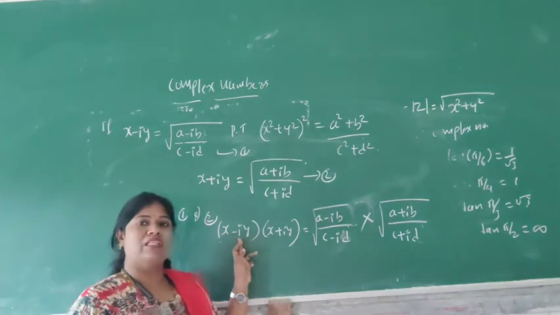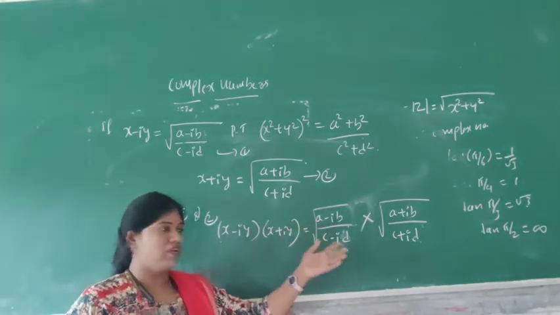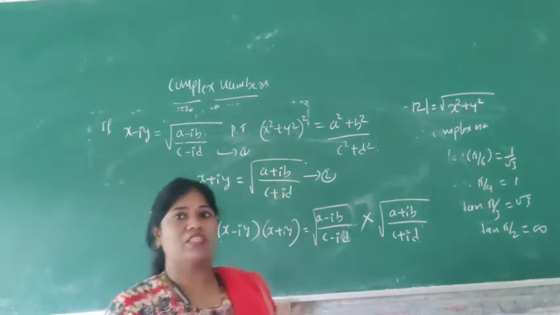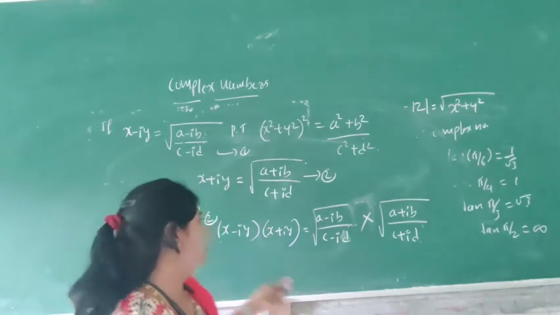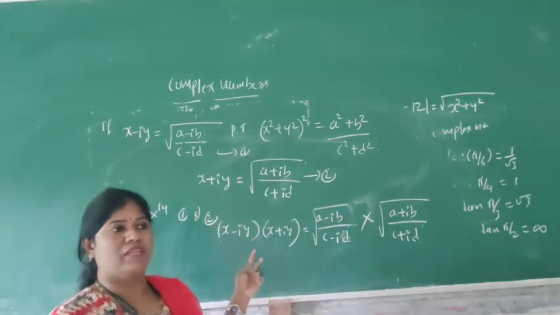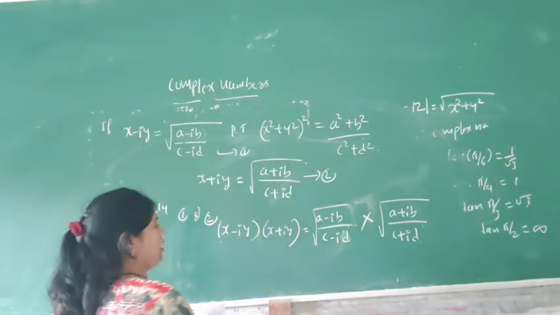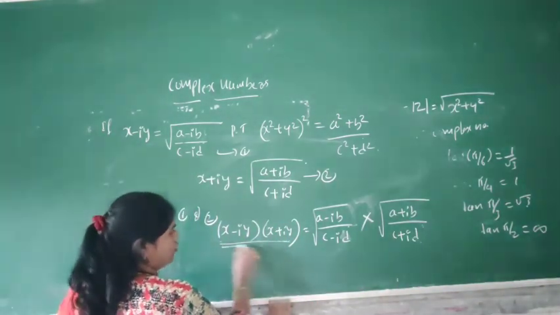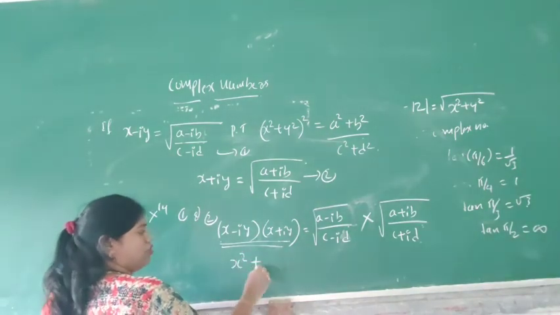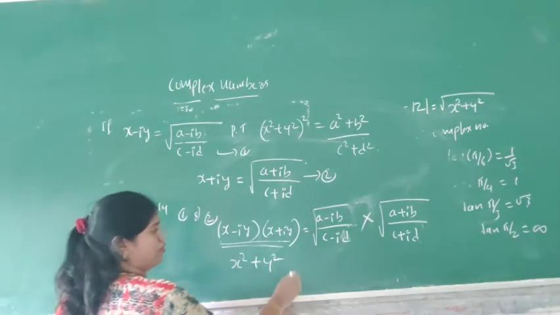So what is x minus iy into x plus iy? In the previous example we discussed a minus b into a plus b, which is a square minus b square. So x square minus i square y square is x square plus y square.